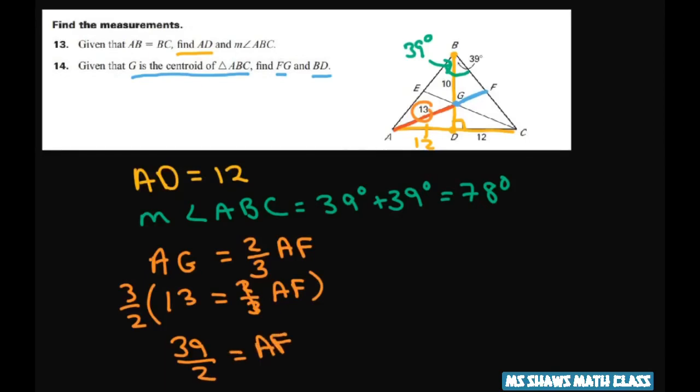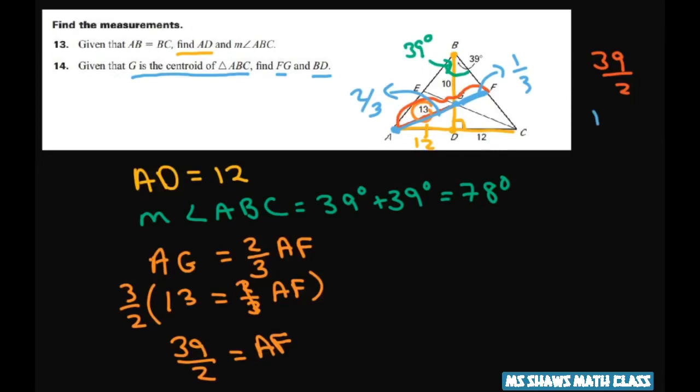So basically, the whole length is 39 divided by 2. Now, to get this length here, that's just going to be 1/3. The part from the vertex is 2/3.